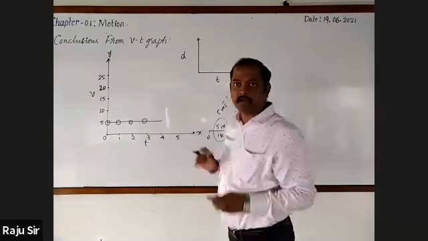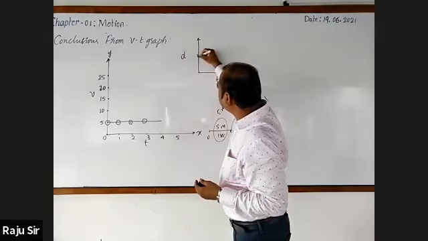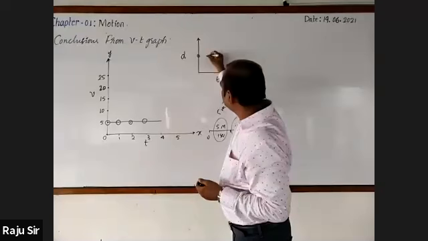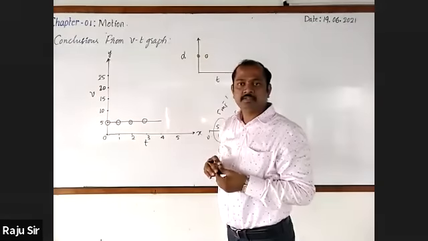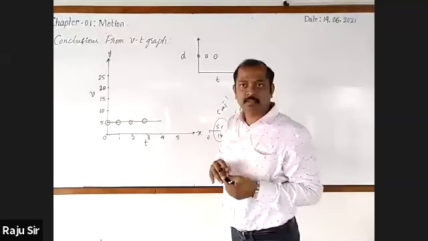Listen, body moves for some distance and is at rest. Observe this. This is a distance-time graph. A body has covered some distance. After 1 second, it is at the same distance. After 2 seconds, it is at the same distance.